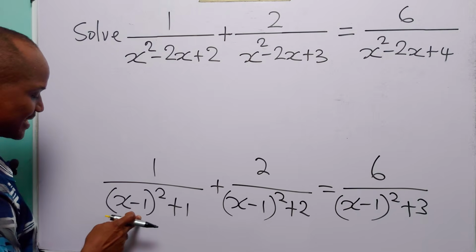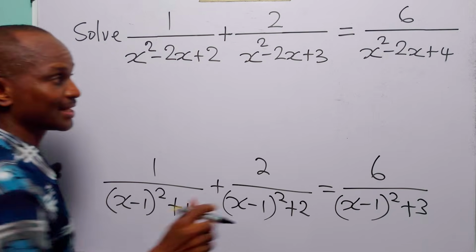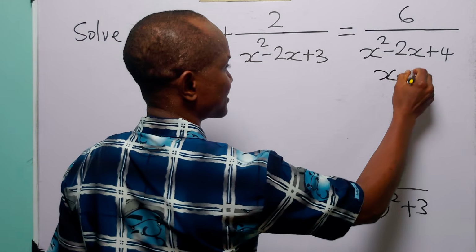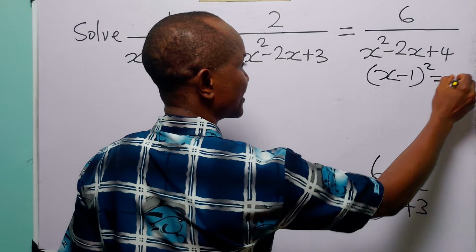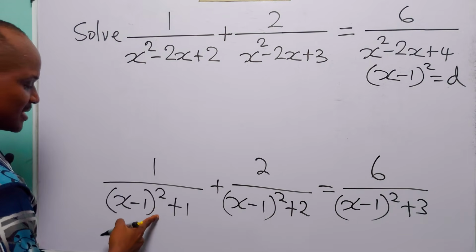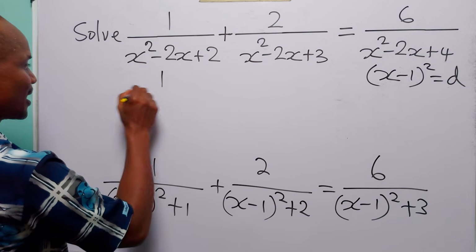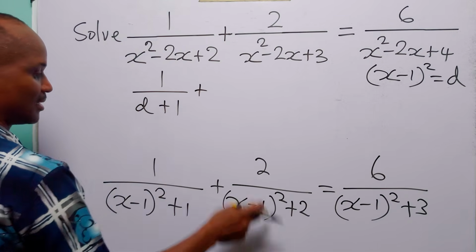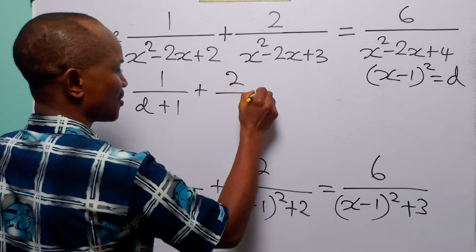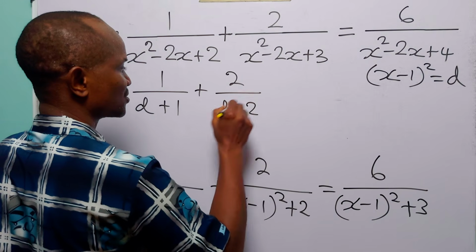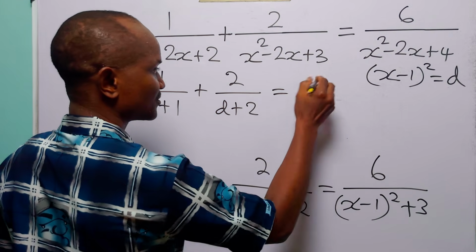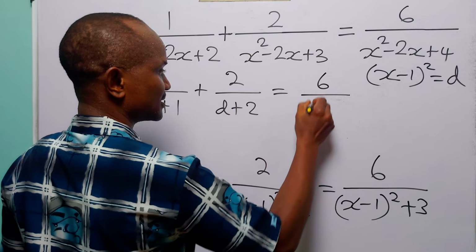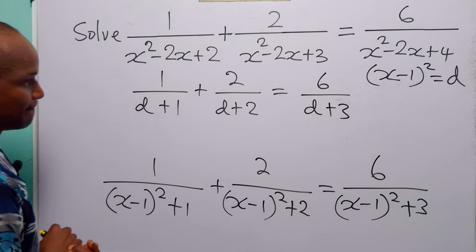Now, let us represent x minus 1 squared with the letter d. So we have x minus 1 squared is equal to d. That means that this equation is now 1 over d plus 1 plus 2 over d plus 2 is equal to 6 over d plus 3.